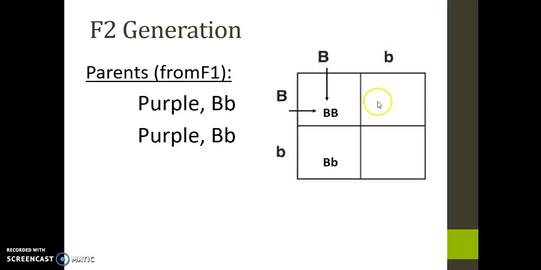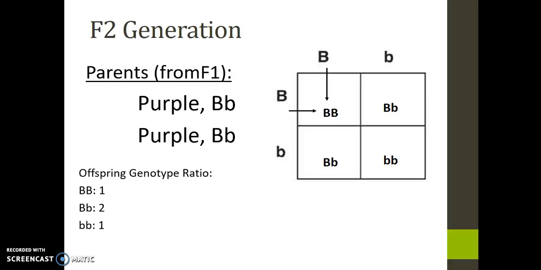Go up here, pull down and across. Keep in mind you always want to put the dominant allele first, and then the very last one would look like that.